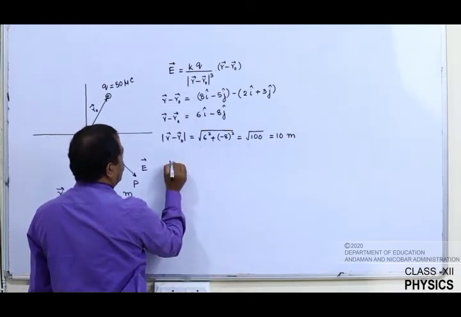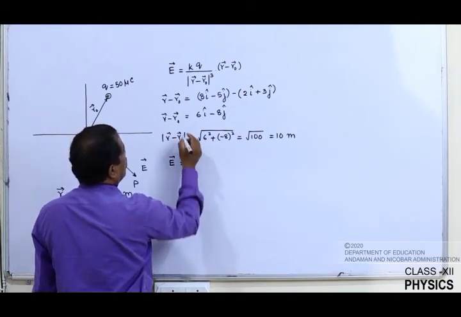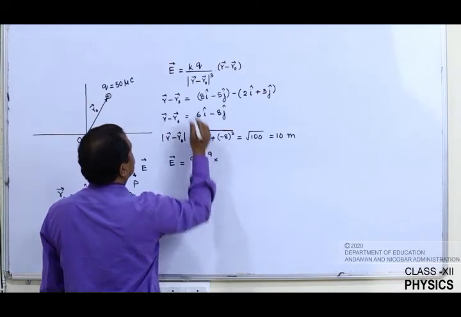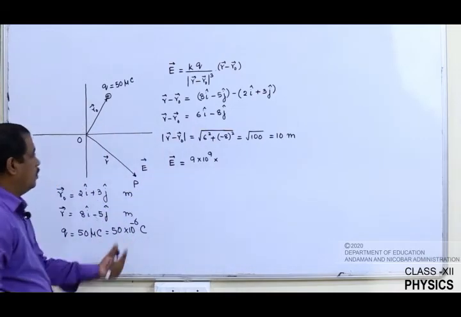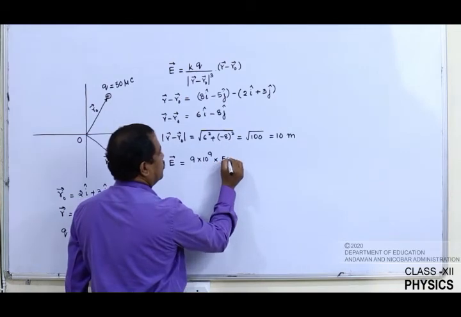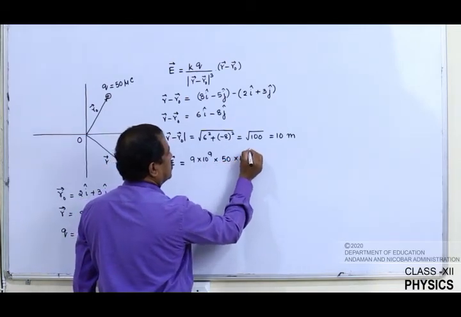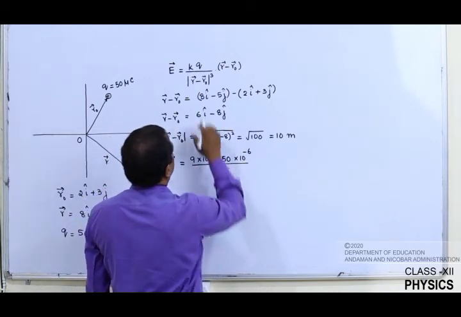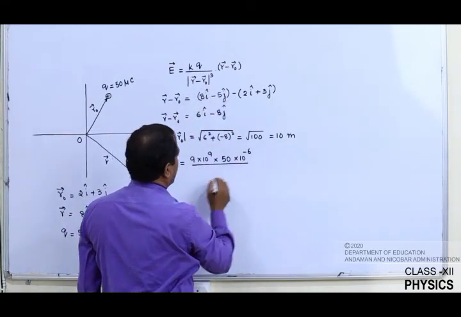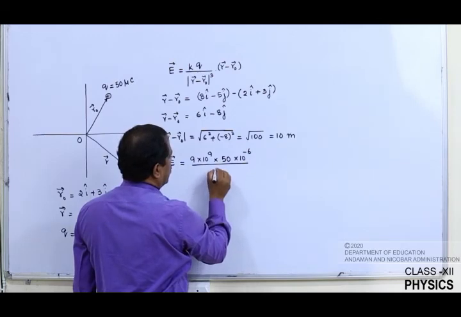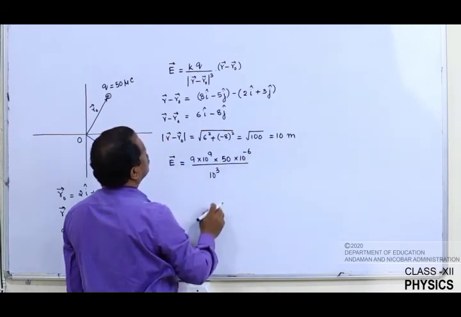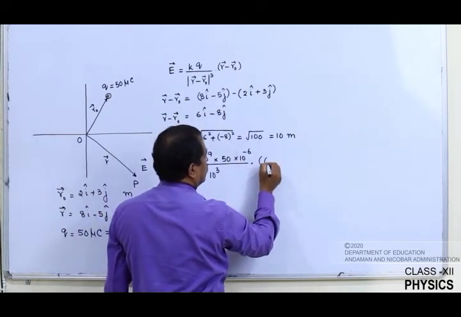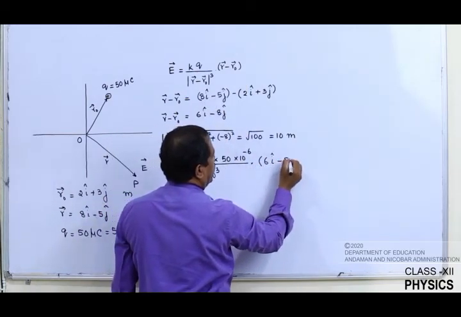So, electric field will be equal to K, which is 9 into 10 power 9, into the charge, 50 microcoulomb, so 50 into 10 power minus 6, divided by the magnitude cubed we calculated. This will work out 10 power 3, into the vector R minus R naught, which is 6i cap minus 8j cap.